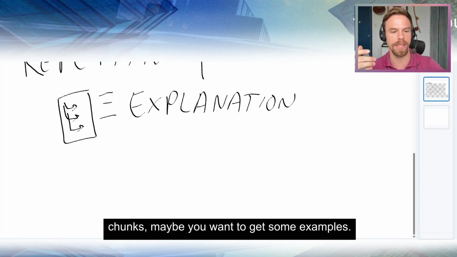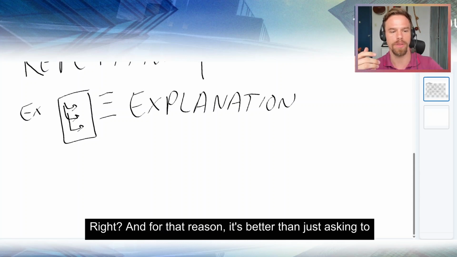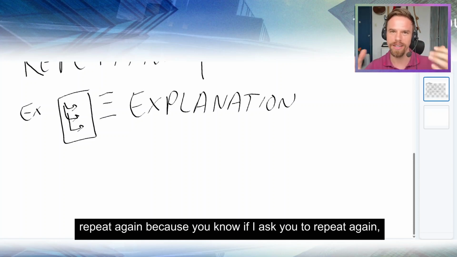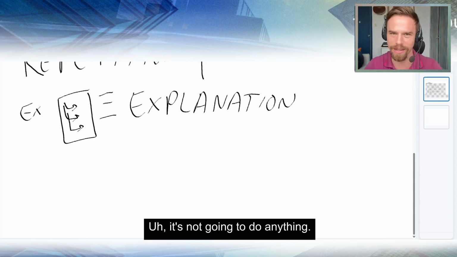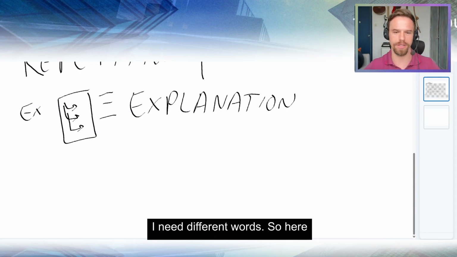Maybe you want to get some examples, right? And for that reason, it's better than just asking to repeat again, because if I ask you to repeat again, it's not going to do anything. I need different words. So here are some phrases you can use.